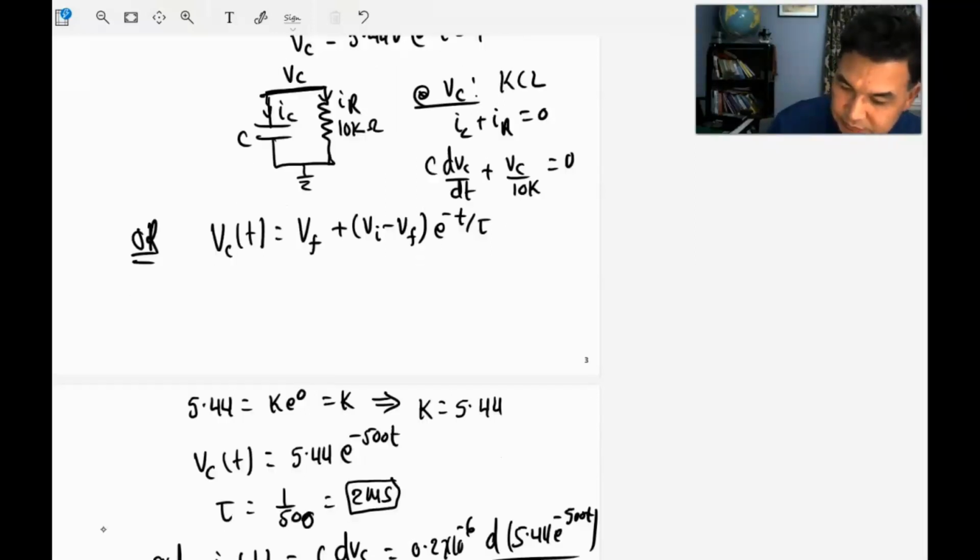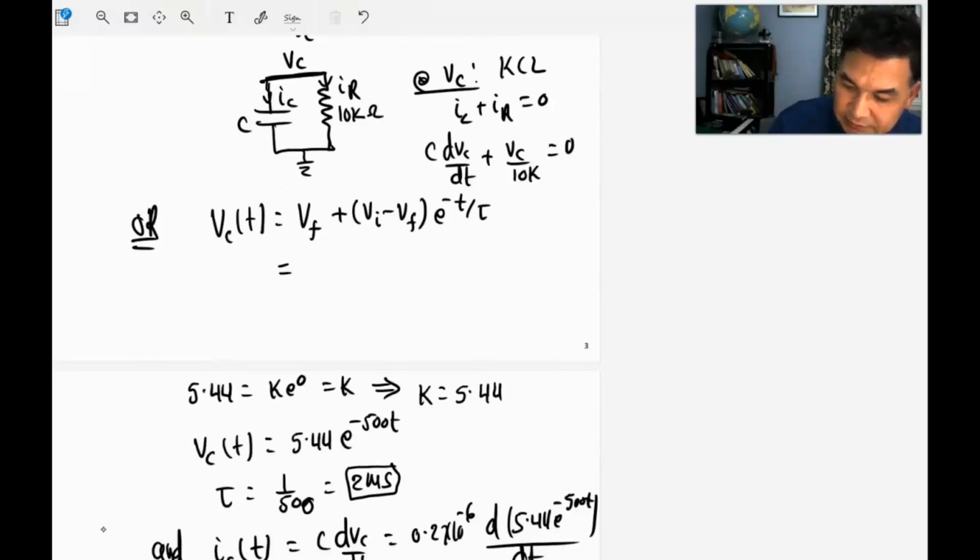So the final voltage is 0, because it will discharge to 0 volts eventually. The initial voltage we found at 9 milliseconds is 5.44, and your tau is just RC, which gets you 2 milliseconds.